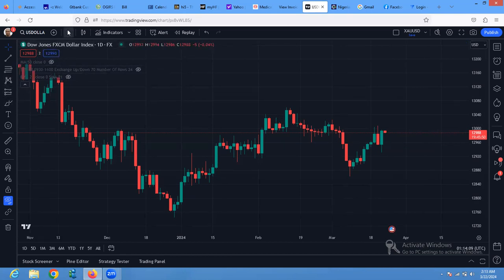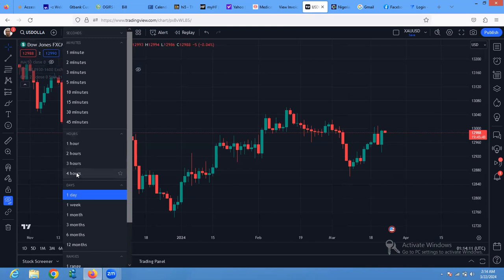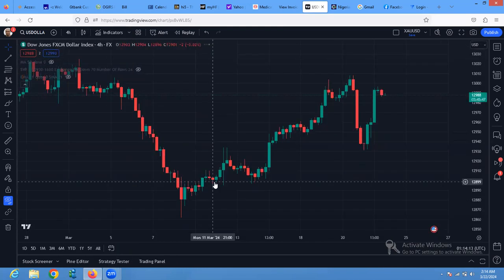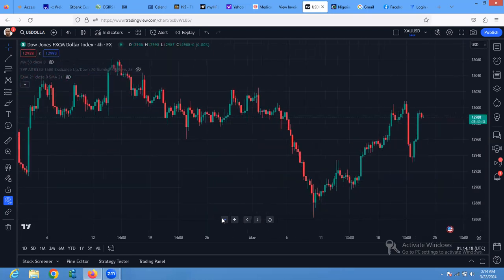If I go inside a 1 hour time frame, 4 hour time frame, what I've said is that we are looking at this as an A, B, C to the upside.